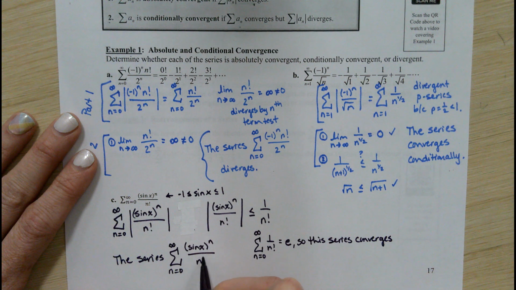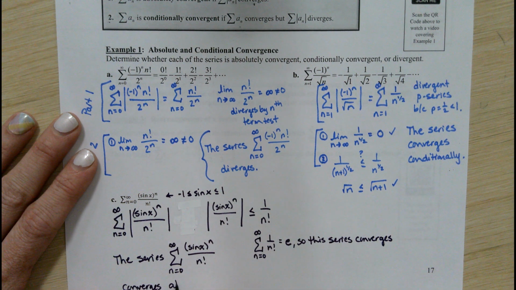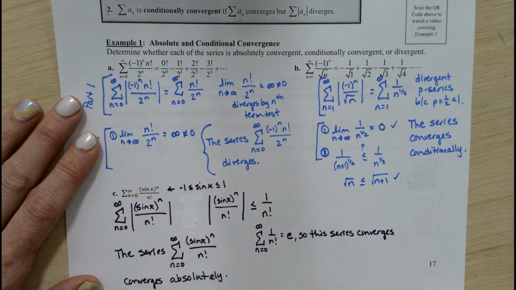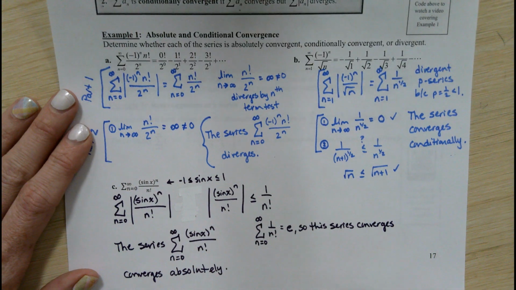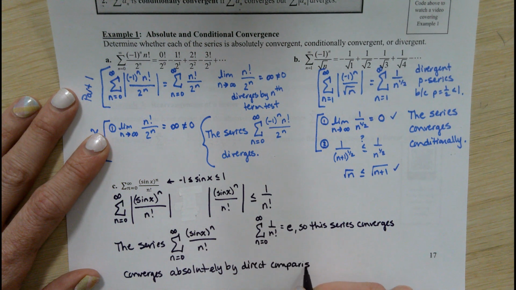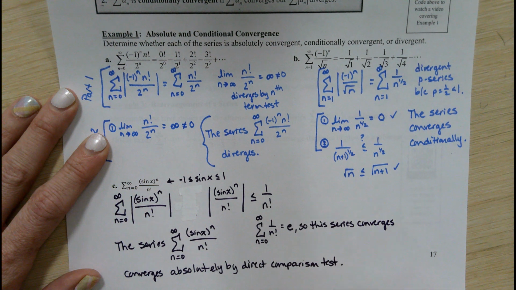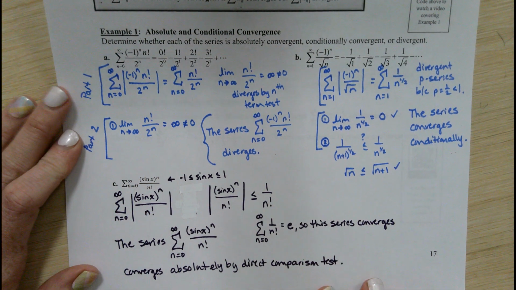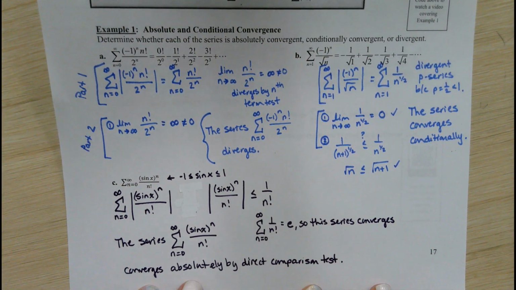Our original series converges absolutely. Sorry, I kind of ran off the edge of the screen there. Again, that's true because a series larger than the absolute value of our series converges, which means we're using direct comparison. We probably want to say that as part of our evidence. Okay, so that's our first series that we've actually ended up with absolute convergence.